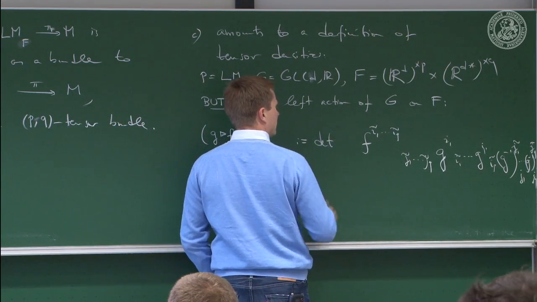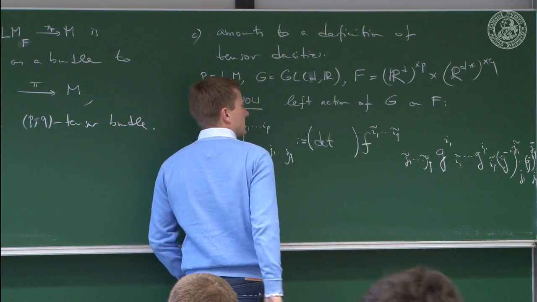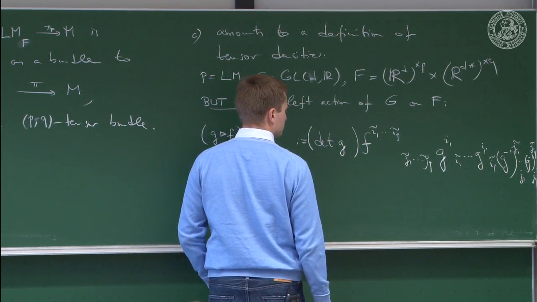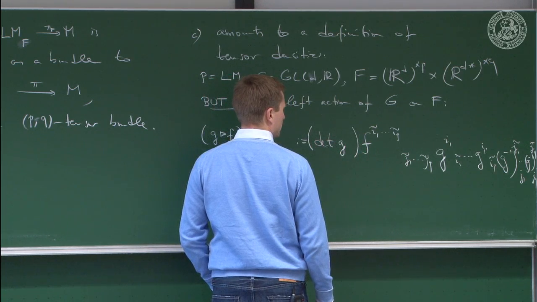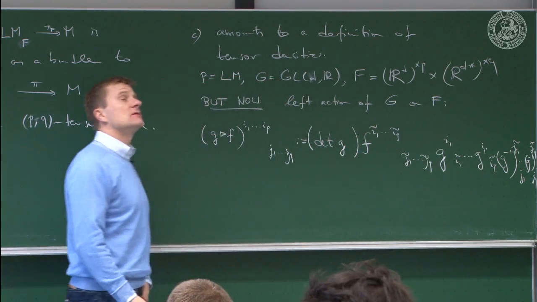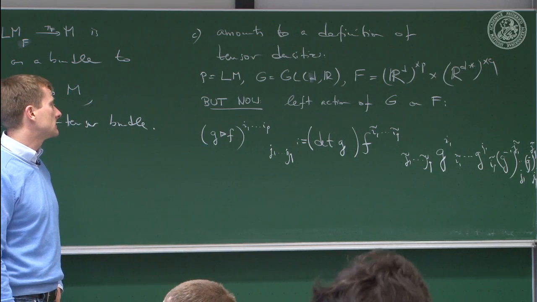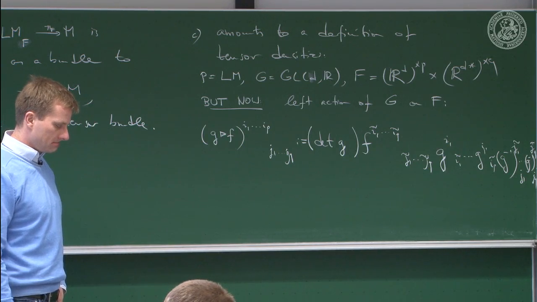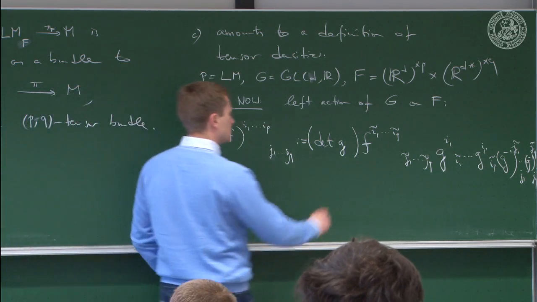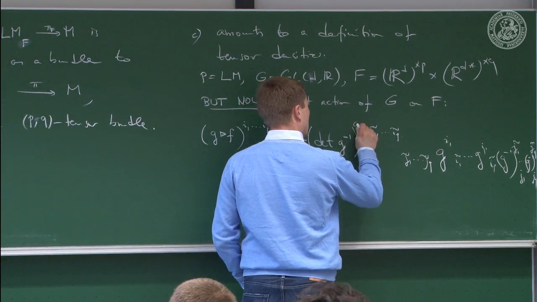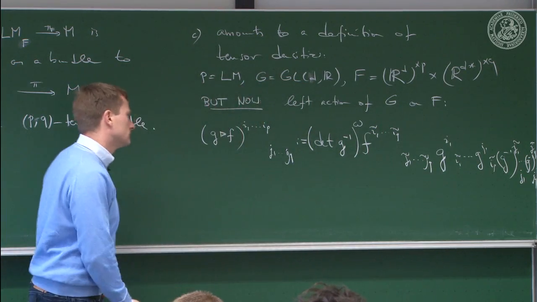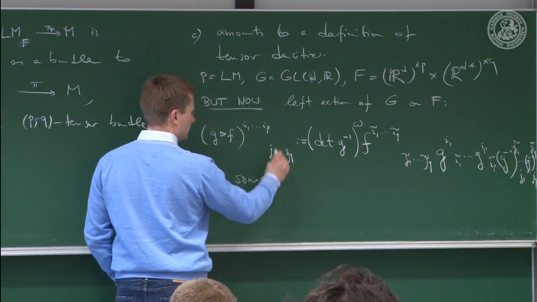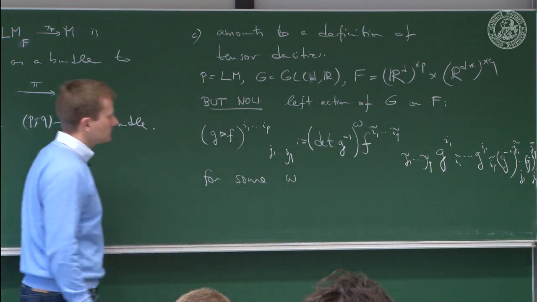We write here in front another factor, namely determinant of the G inverse, to a power omega, for some omega.